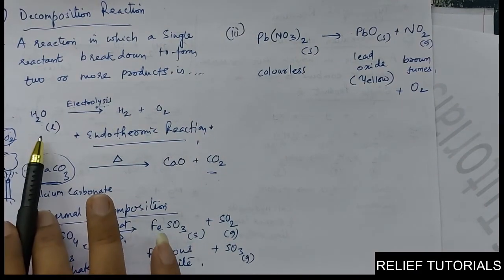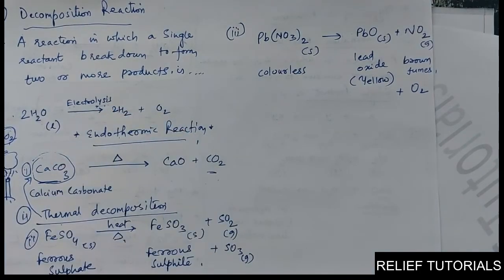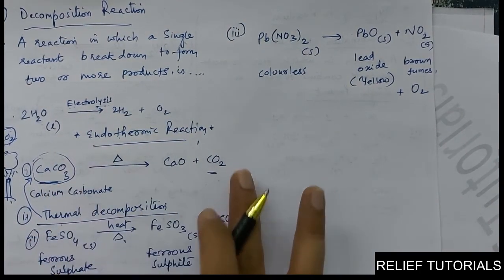If you see H2O giving H2 plus O2, it should be multiplied by 2 here and 2 here. So this is the balanced chemical reaction. This equation is already balanced.